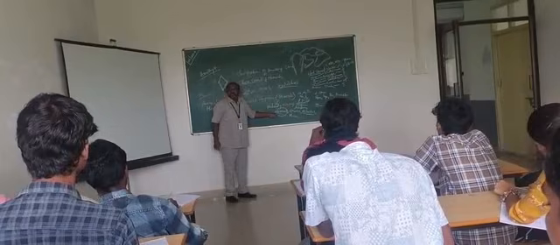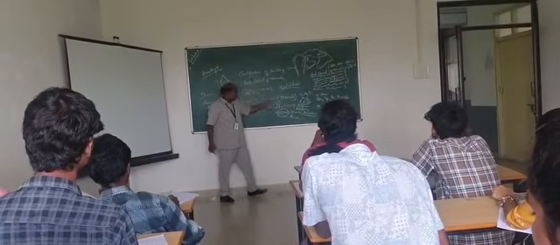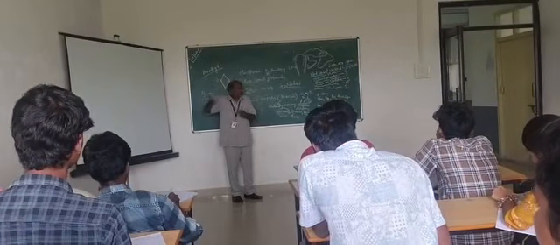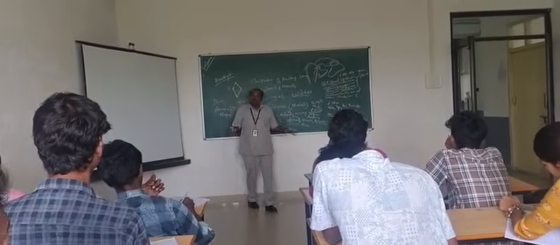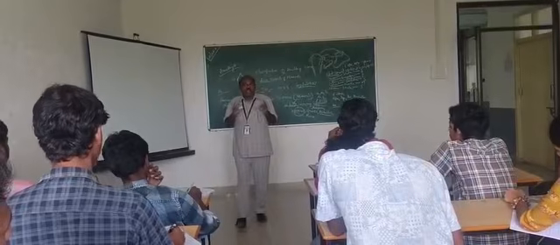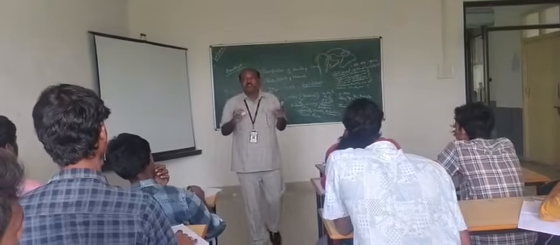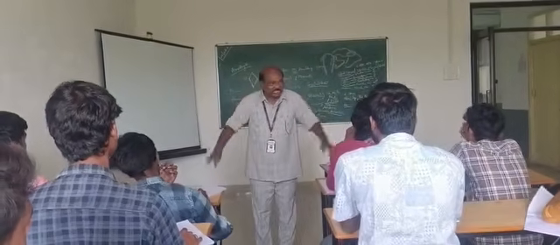In one rock, one mineral may be dominant. In another sedimentary rock, another may be dominant. In metamorphic rock, another may be dominant. So, rock is a combination of various minerals.